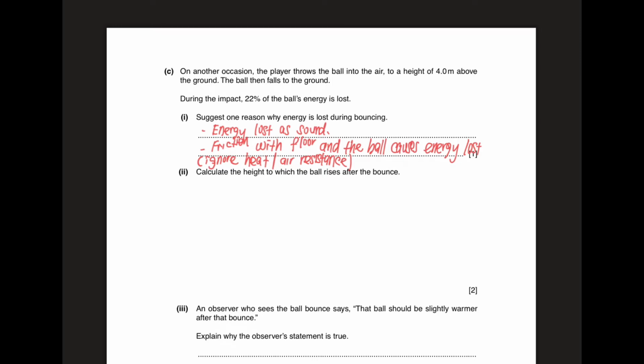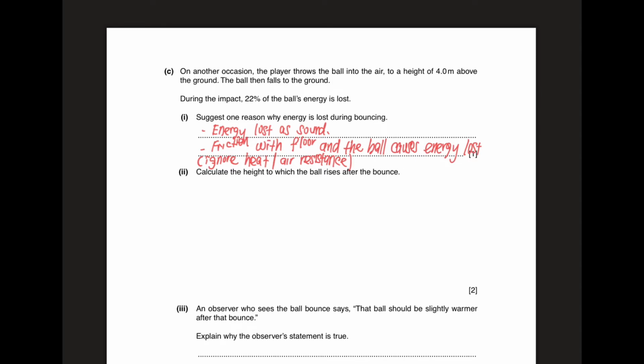So is it possible that energy is lost in the form of kinetic energy? Not possible actually. When it bounces off, kinetic energy is not counted as the energy which is lost.